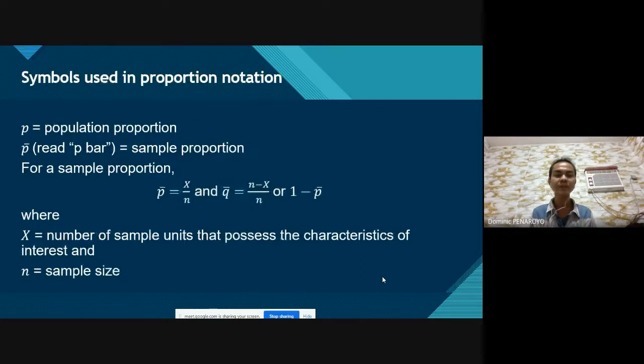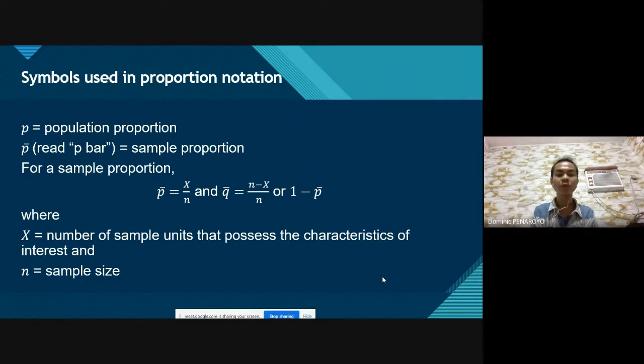Let me present to you the symbols used in proportion notation. We have here the capital letter P, that's for population proportion. And we have here P bar, which stands for the sample proportion. The formula for sample proportion is P bar equals capital letter X over N, wherein capital letter X is the number of sample units that possess the characteristics of interest, and N is the sample size.